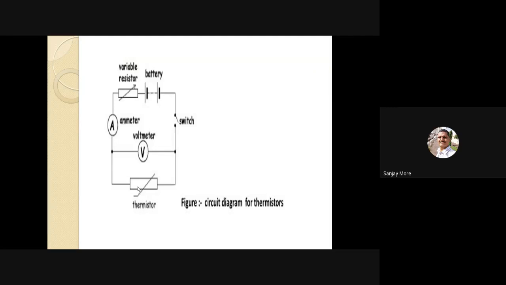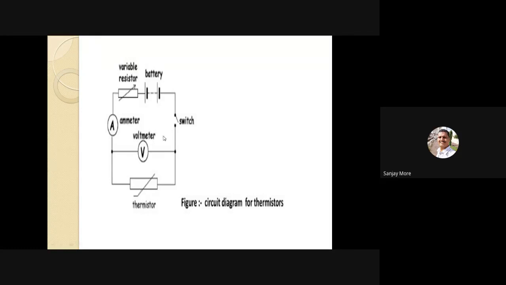Completed? See, this is the circuit diagram of thermistor.